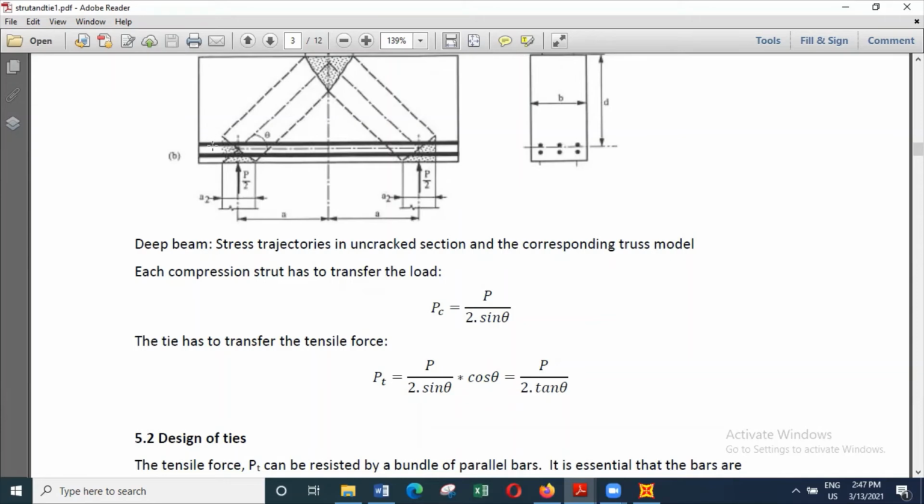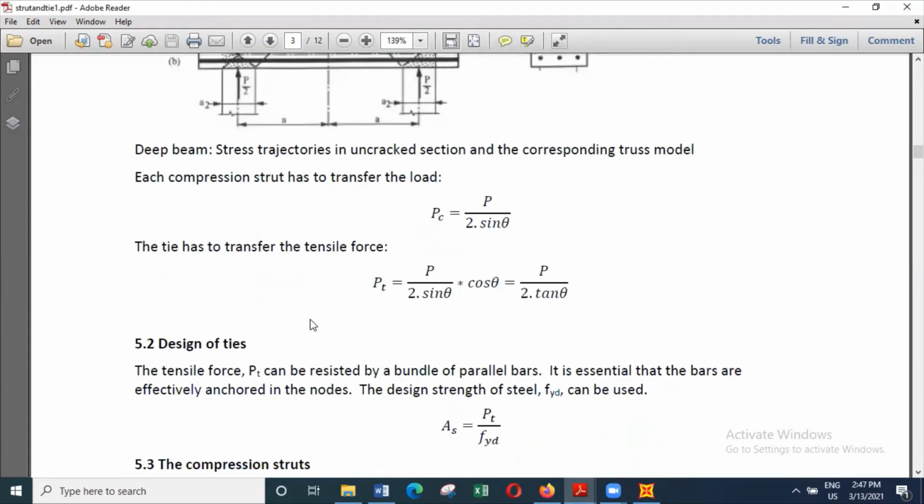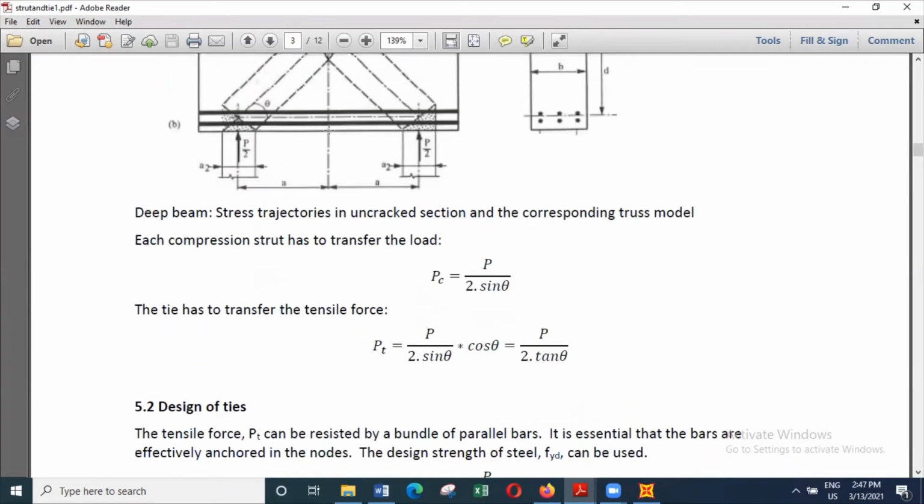But then you have to consider that it is a strut where the anchorage has been provided in both the horizontal and vertical directions. So basically the tensile force is PT and it has to be resisted by the bottom reinforcement.